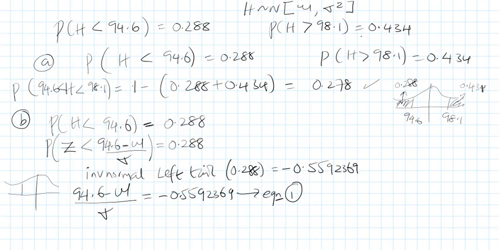Left tail is because it has to be less than. If it was greater, you would have done the right tail. That is equal to minus 0.559.